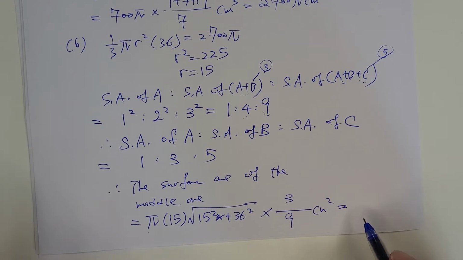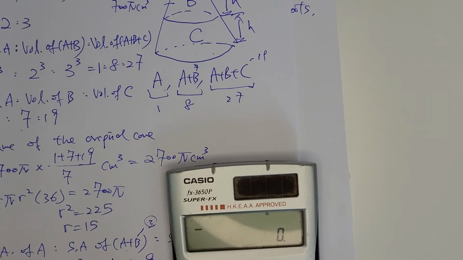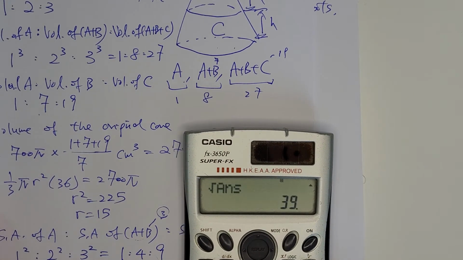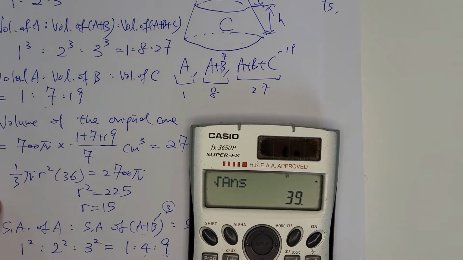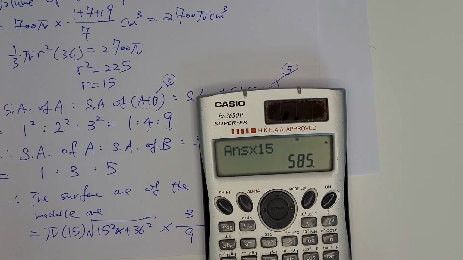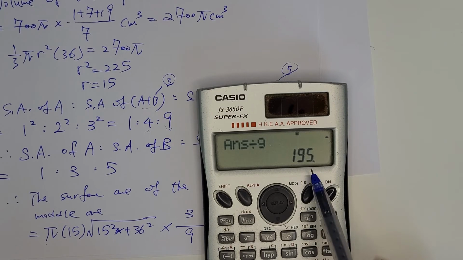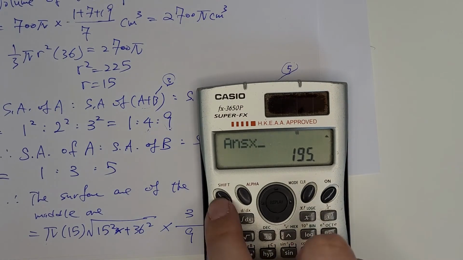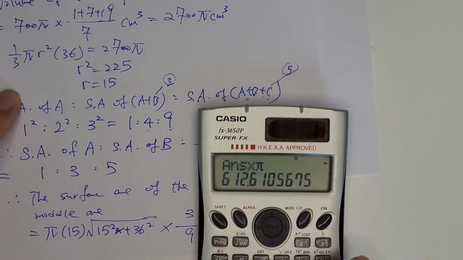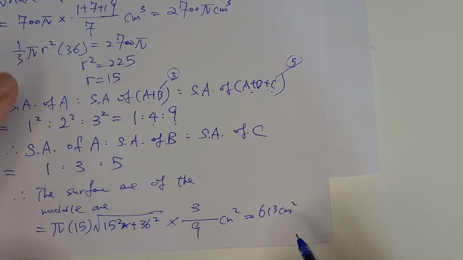Final answer: the square root of 15 squared plus 36 squared is 39, the slant height is 39, and then multiply by 15 times 3 over 9, that is 195 pi, but you need to press pi. So answer 613 cm squared, correct to 3 significant figures.